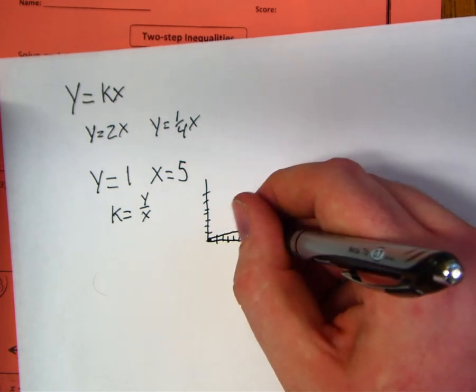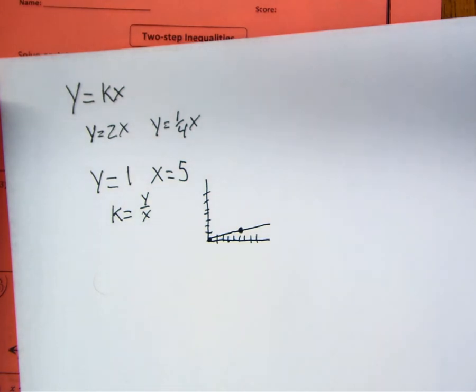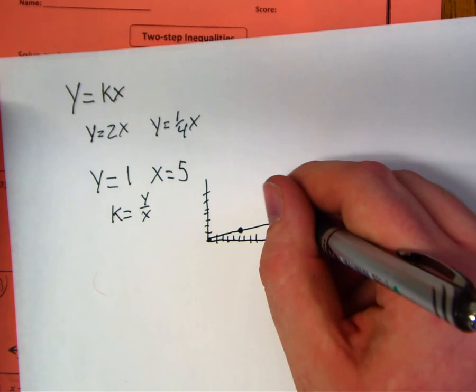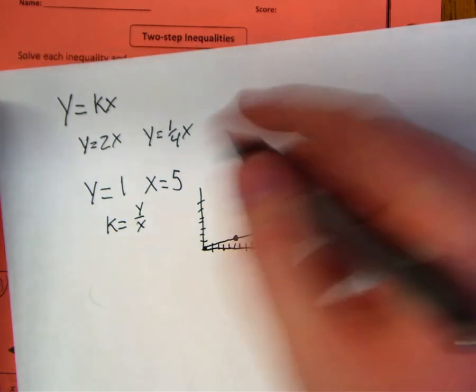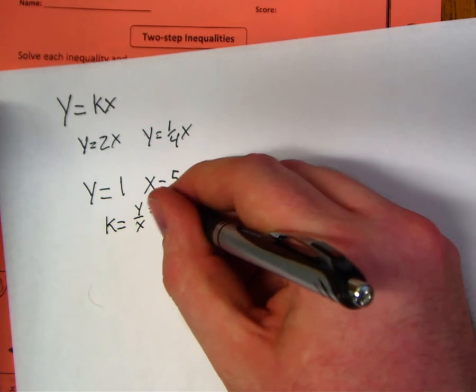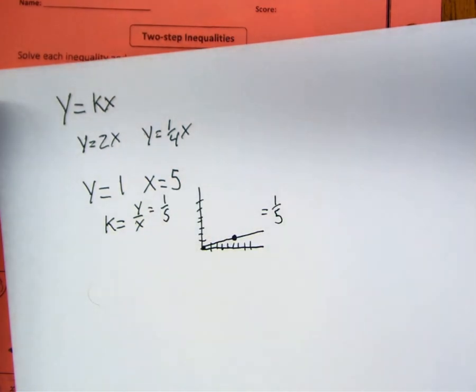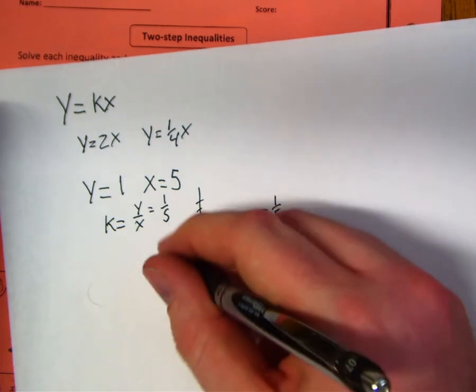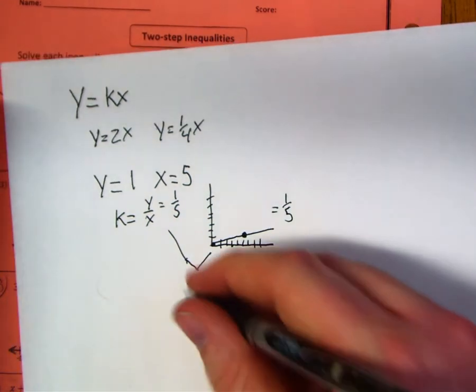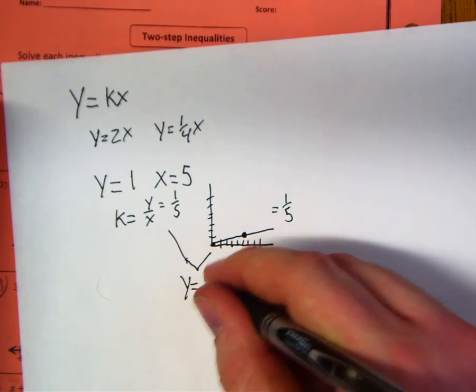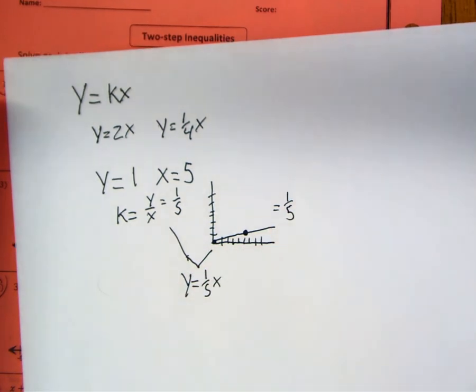So if we went up 1 and then over 5, that tells us our slope just equals 1/5. Both of these statements just told us k equals 1/5, which means y simply equals 1/5 x.